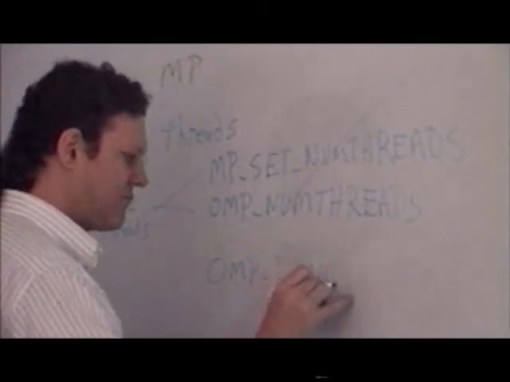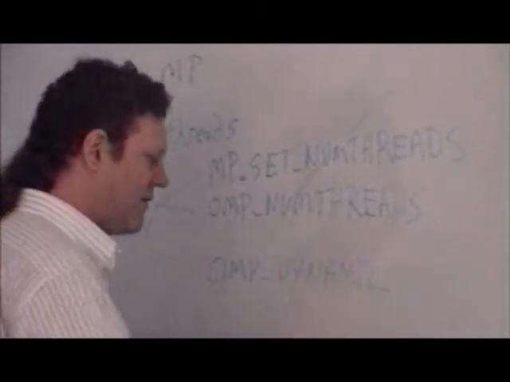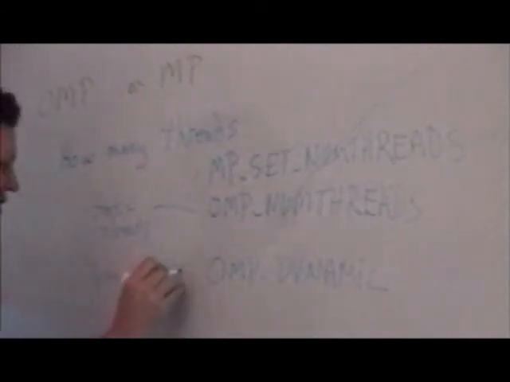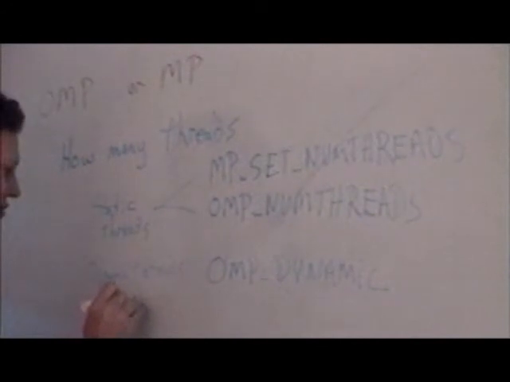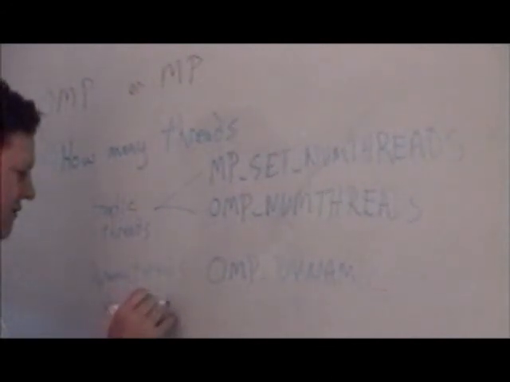Then there is another environment variable here called OMP_DYNAMIC. And this is dynamic threads. And here we use SAR data to decide thread width.